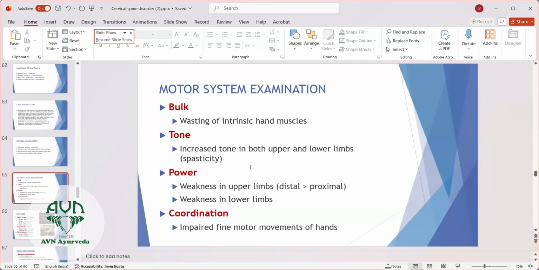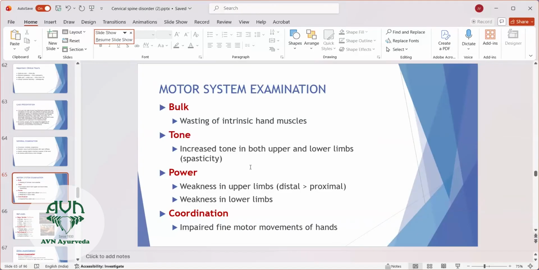On motor examination, muscle bulk shows wasting of the intrinsic muscles of the hand. The muscle tone is increased in both upper limb and lower limb, an upper motor neuron lesion, and the spasticity is of upper motor neuron lesion pattern. Increased tone in both upper and lower limbs, and spasticity is there in both.